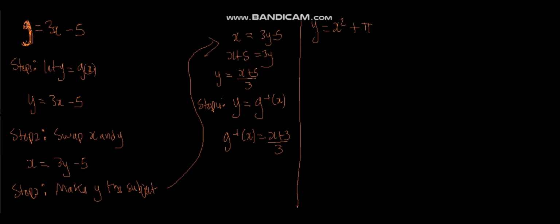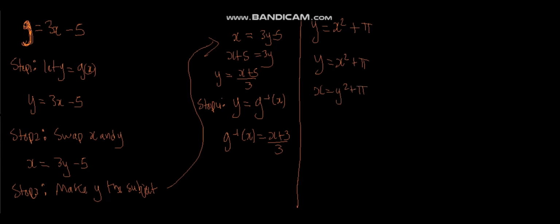So not writing out all these steps as I've written it in the first example, I'm just going to follow the first example as a template to see the steps executed. So y is already the function, so we have y is equals to x squared plus pi. Interchange x and y, so we will have x is equals to y squared plus pi.